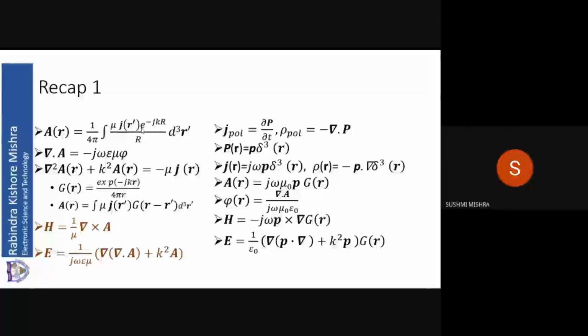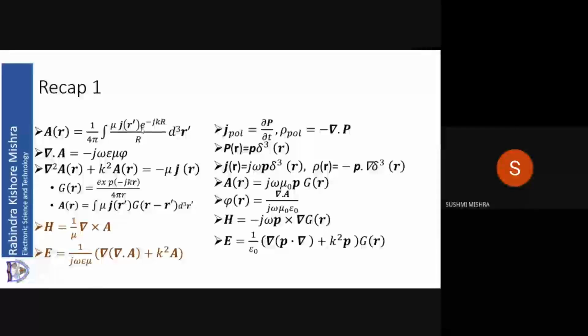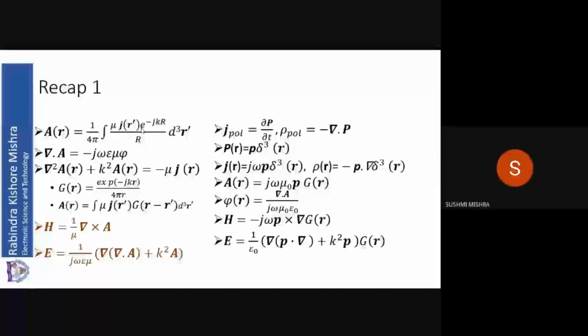Using that, the total polarized current becomes j omega p times the impulse at r. Similarly, rho becomes minus p dot grad of the impulse function.